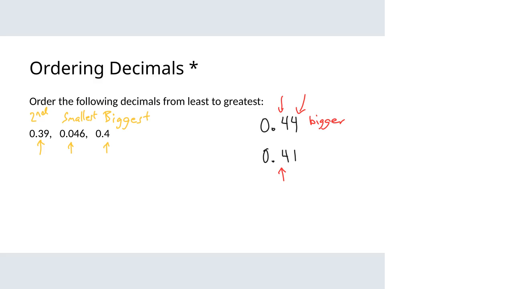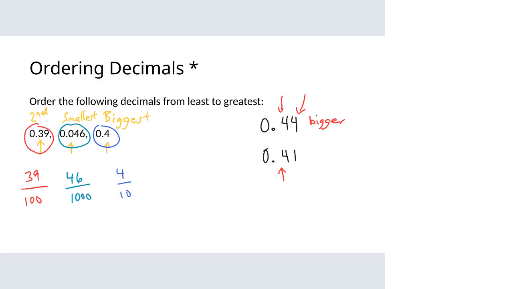Another way to go that incorporates fractions, so I kind of like that, is if we look at what this one means. That's 39 hundredths. This one in the middle, that's 46 thousandths. And then the one on the right is 4 tenths.